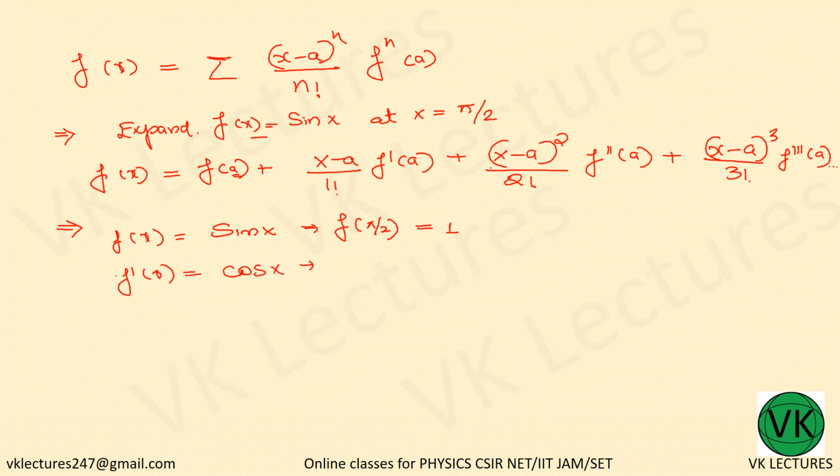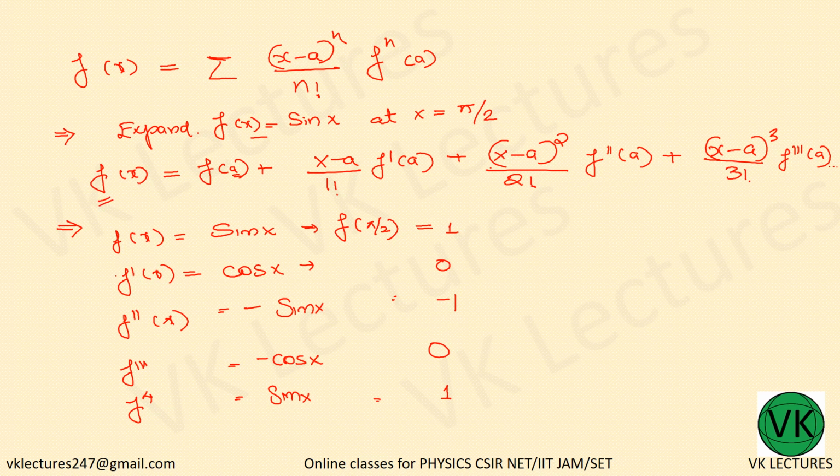Cos x at pi by 2 is 0. f double dash of x is minus sin x, that will be minus 1. Then f triple dash will be equal to minus cos x, again it will be 0. f4 is again sin x, and these terms will repeat in this fashion. Okay, now we need to substitute for these things.